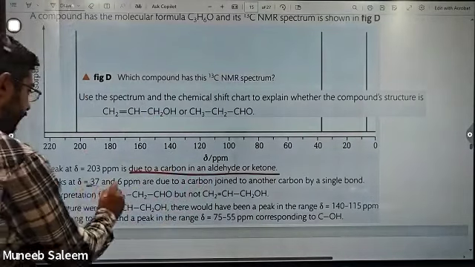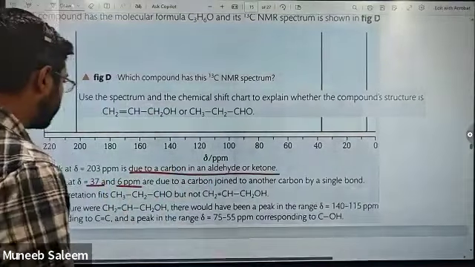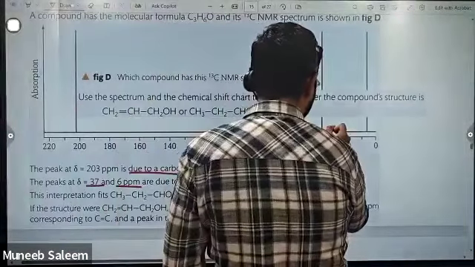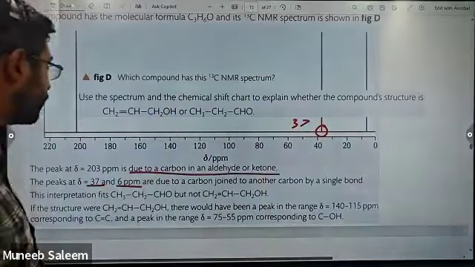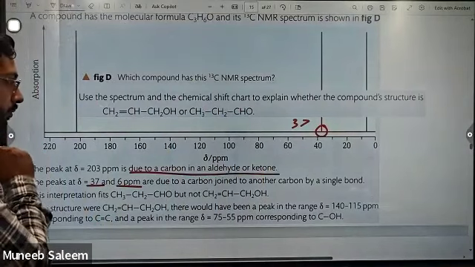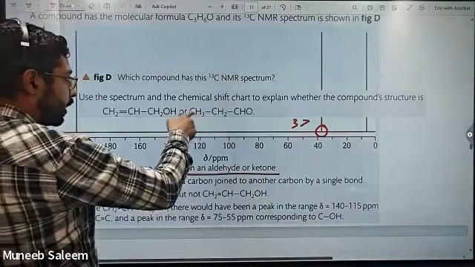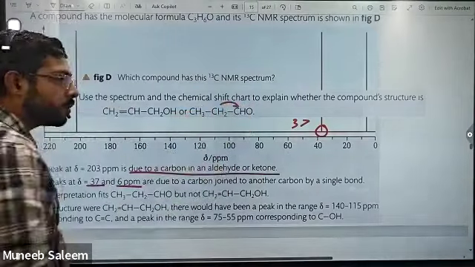The peaks at 37 and 6 ppm are due to carbon joined to another carbon by a single bond. So the peak at 37 ppm, which is this value, could be because of the presence of a carbon bonded with an alkyl group. Now there are two such cases, but over here this carbon is also bonded with the carbonyl. This is next to the carbonyl group.